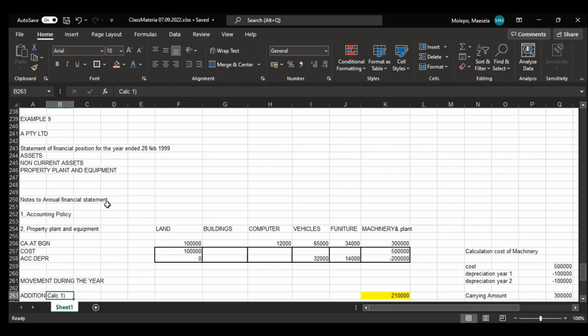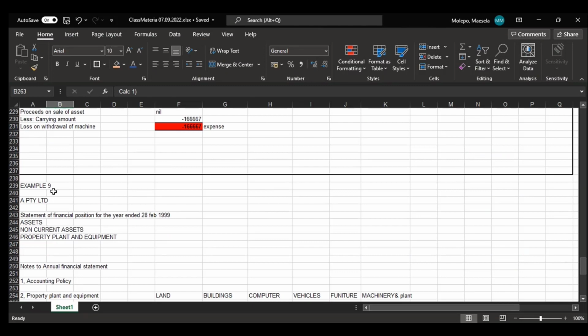The same applies when you draft your full presentation of the statement. If you tell us it's calculation 1 or note 1, it's very nice. You won't lose marks.